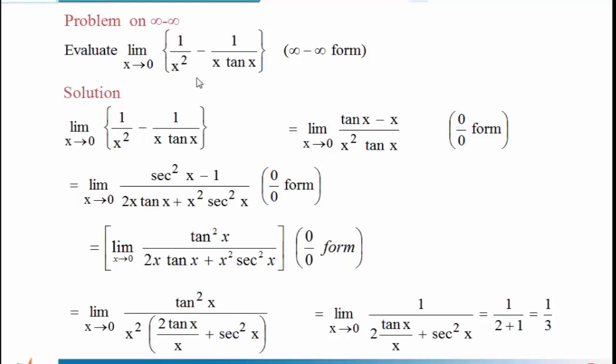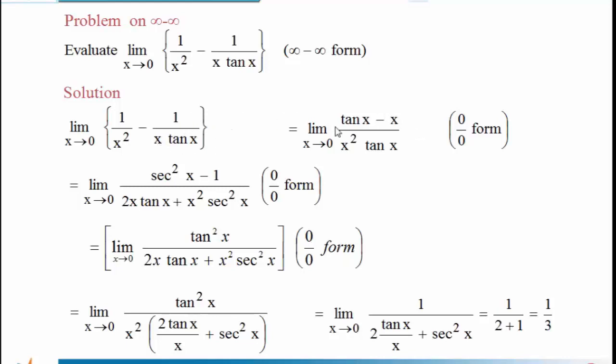How can we reduce this into 0 by 0 form or infinity by infinity form? Use cross multiplication. We already know that 1 upon x square minus 1 upon x tan x can be written, by using cross multiplication, as x tan x minus x square divided by x square into x tan x.